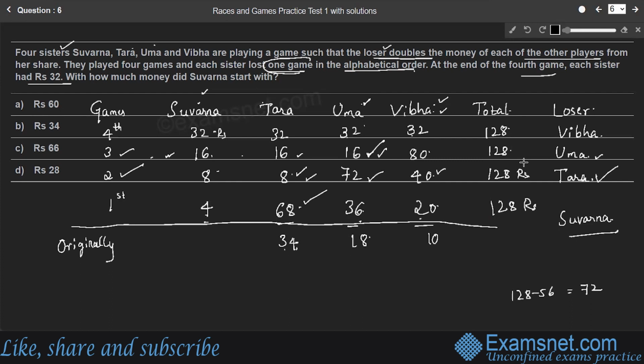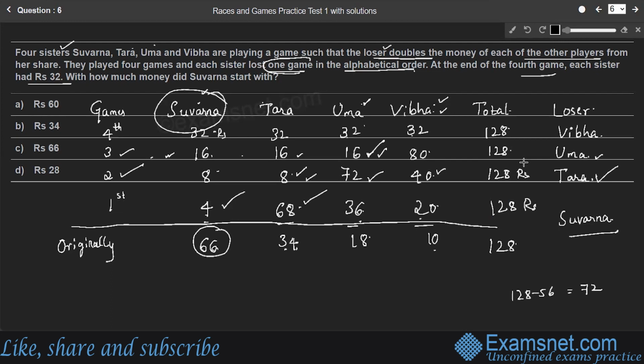Totally they have 34 plus 18, which is 52, plus 10, 62. And totally they had 128. 128 minus 62 is 66. Originally, Suvarna had 66 rupees and she lost in the first game, right? Therefore, her remaining amount, 62 rupees, got distributed among Tara, Uma and Vibha.